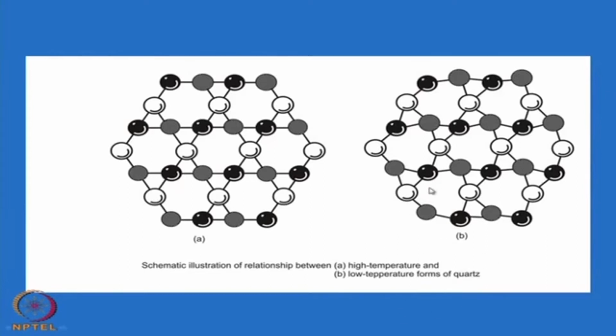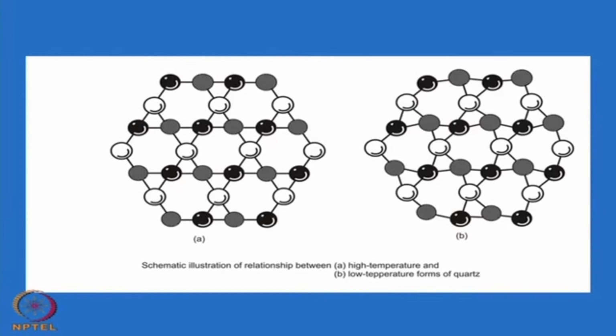None of these displacive transformations are easy to stop or quench. If it is a reconstructive transformation, with nucleation and growth phenomena, then if you quench it very fast, changing the temperature from high to low, the high temperature phase can be quenched.